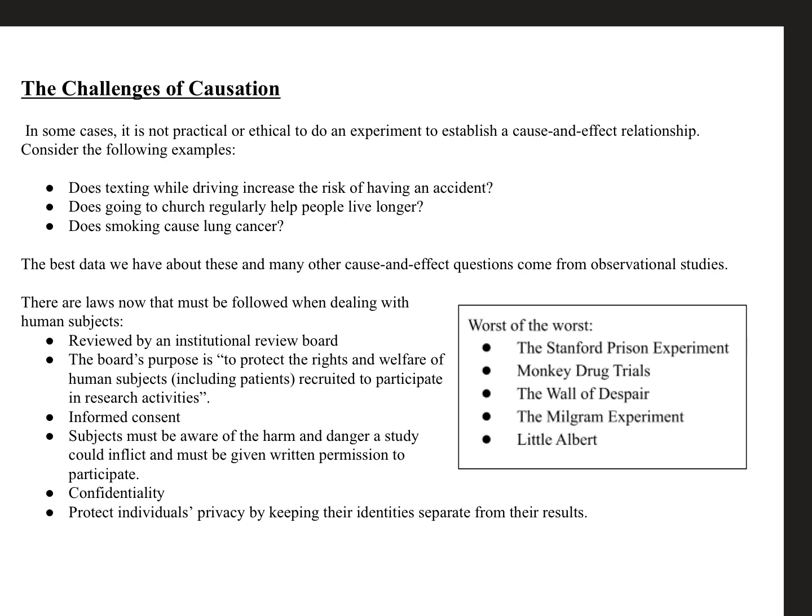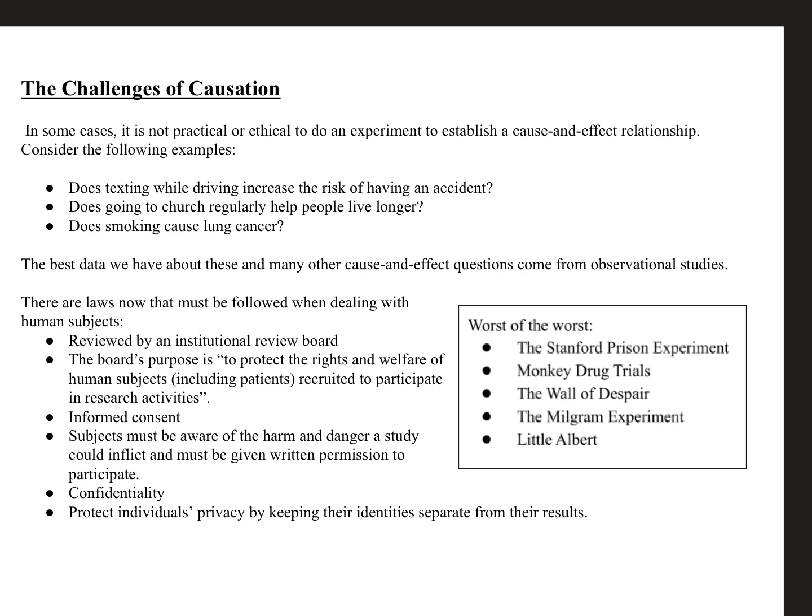But if you're using human subjects, a lot of laws have come into play. First is there has to be an institutional review board to look at your results. The board's purpose protects the rights and welfare of the human subjects that are recruited to participate.